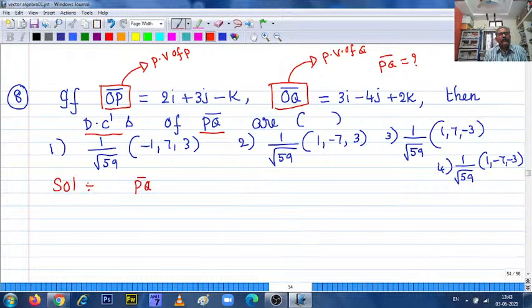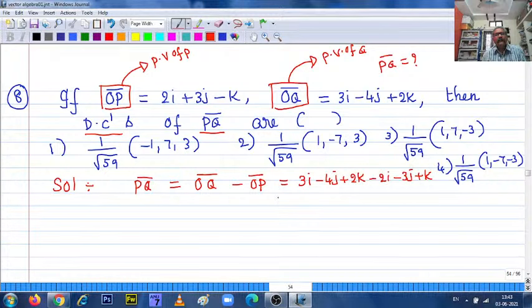PQ bar can be written as the difference of the position vectors, OQ minus OP. That means 3i minus 4j plus 2k minus (2i plus 3j minus k). This is i minus 7j plus 3k.